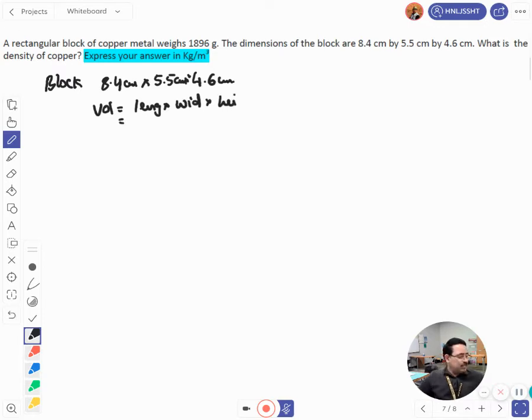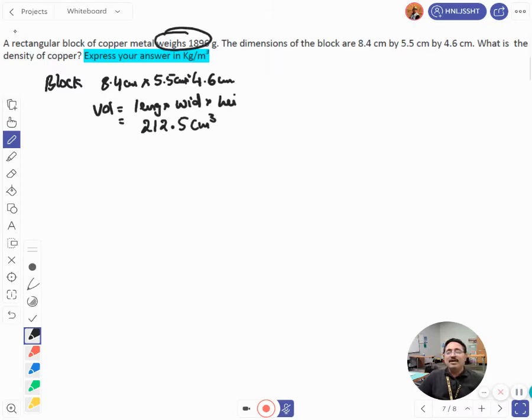Now let me plug in these values on my calculator: 8.4 times 5.5 times 4.6 is 212.52 cubic centimeters.